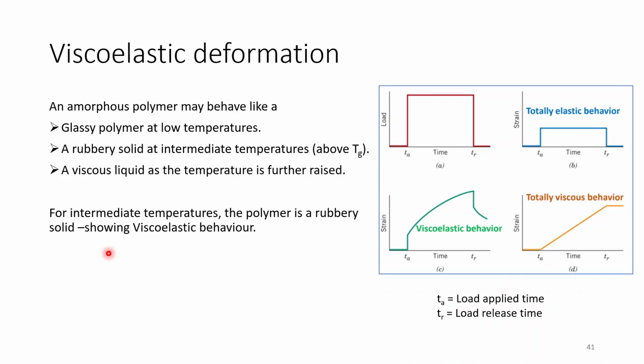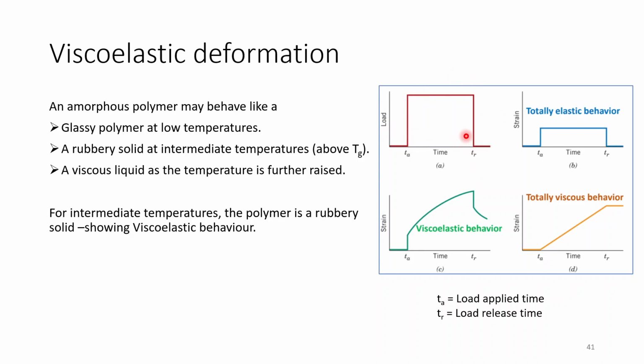Next up, viscoelastic deformation. Here you are given three types of behaviors. First, you apply load, so this is the time of application and the time of release. You applied load and then you released load.